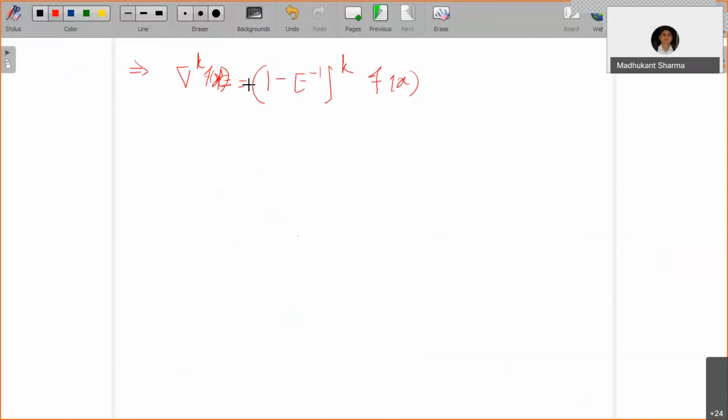Now, next we are going to define a new difference operator known as the central difference operator. We have already defined three operators, so one more operator we are going to define, which is known as the central difference operator.